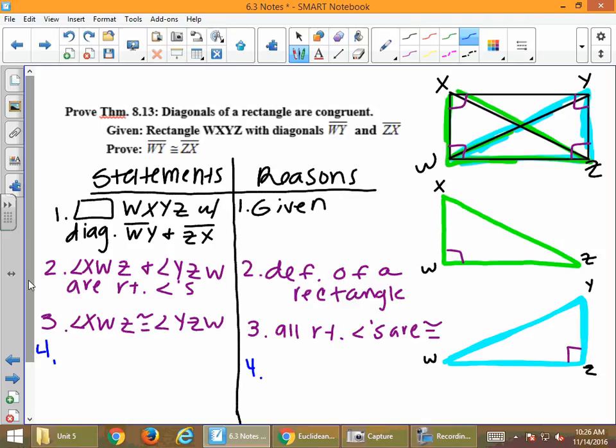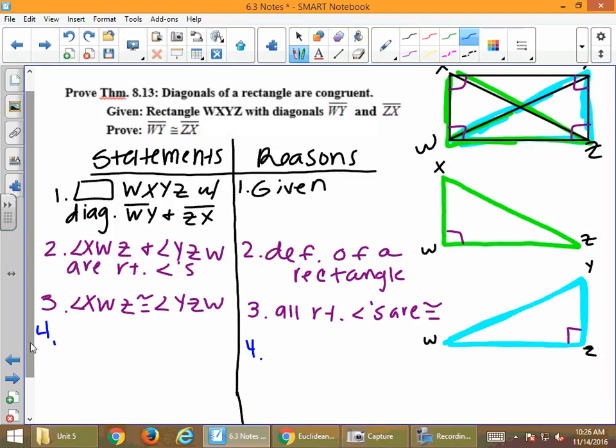They're sharing this side WZ. If you notice in the diagram, the colors overlap, and in your triangles, they're the same. So if they're ever sharing a side, what's our reason going to be? Every time they're sharing a side, our reason is reflexive property. And then you just state that that shared side is congruent to itself.